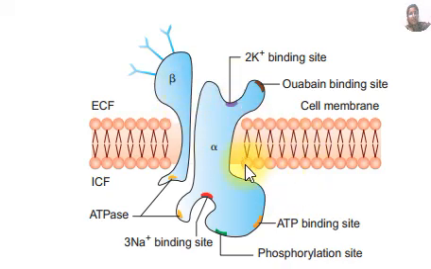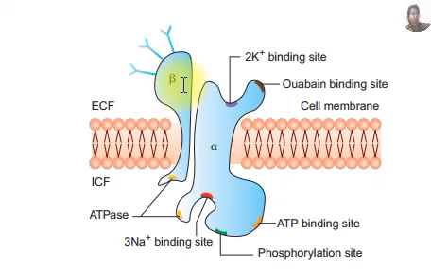It is a complex consisting of two separate protein units, alpha and beta. The alpha subunit is larger, with a molecular weight of more than 1 lakh, and the smaller one is the beta subunit, with a molecular weight of around 55,000.